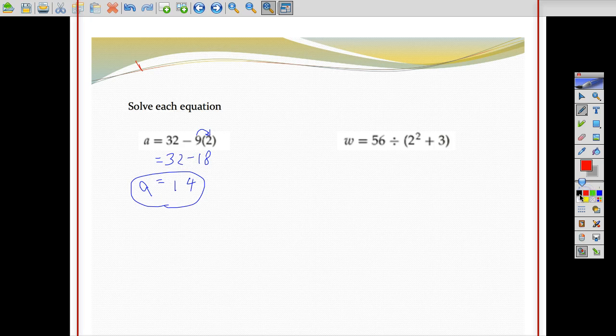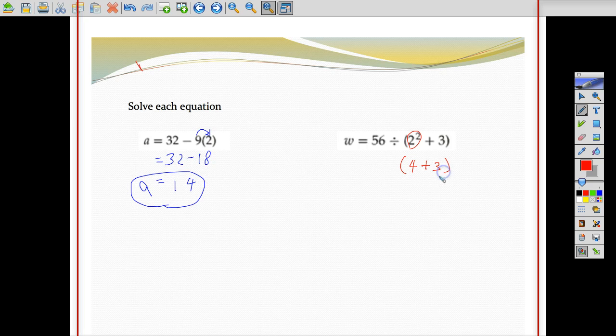Okay, moving on to a little bit more challenging problem here. I see parentheses, so we're going to do parentheses first. Within the parentheses, are you going to do exponents or addition? You can do exponents first. So this becomes 4, because 2 times 2 is 4, plus 3.